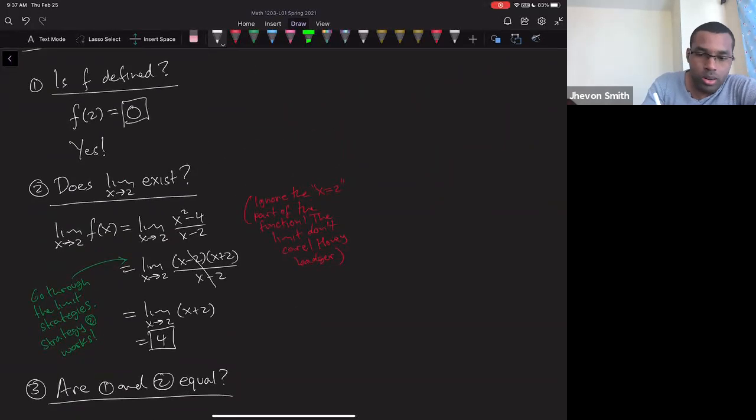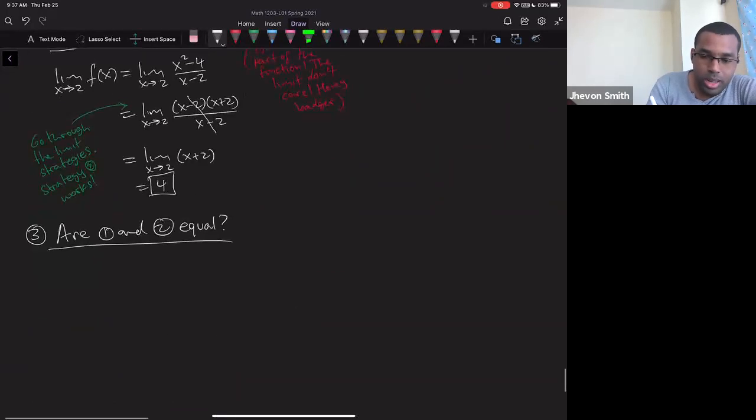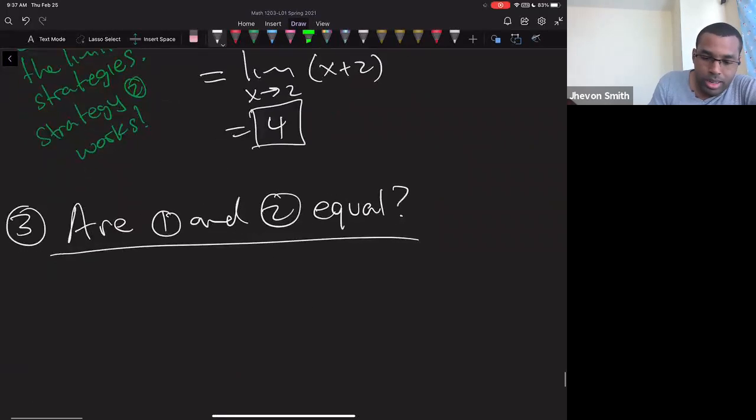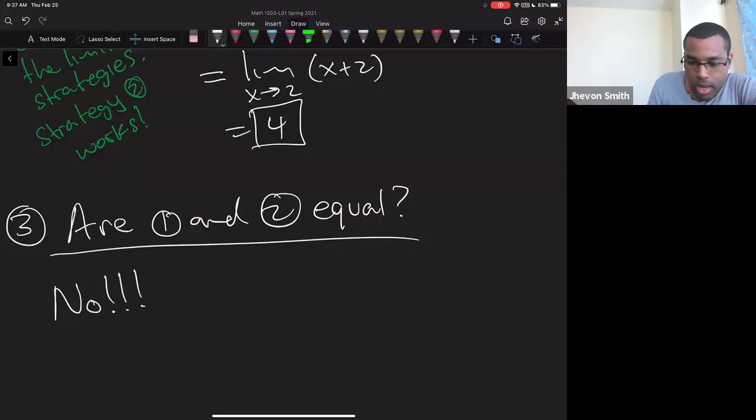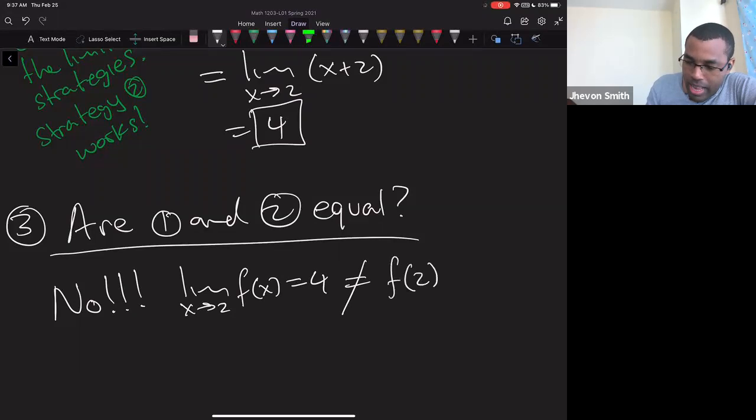Here I got a 4. So turns out the answer is no. The limit as x approaches 2 of f of x is 4, but that's not the same as f evaluated at 2, which is 0.